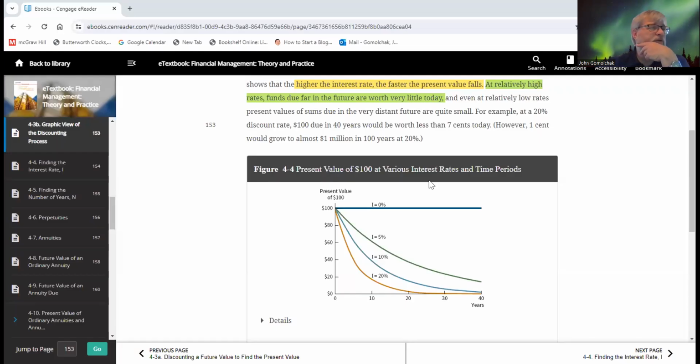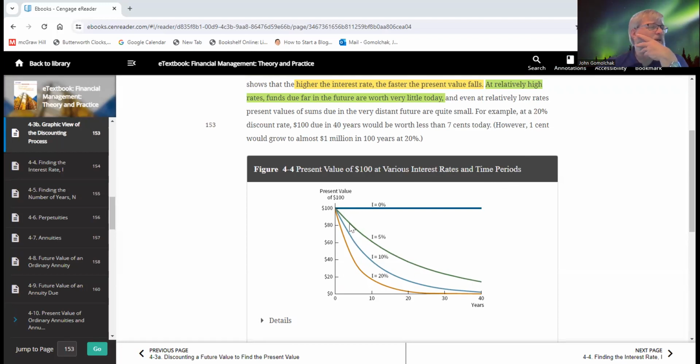I'll show you the graph that's in your book. So present value of $100 at various interest rates and time periods. So at 5%, it's going to be worth, we know the 100, well, this number of years.